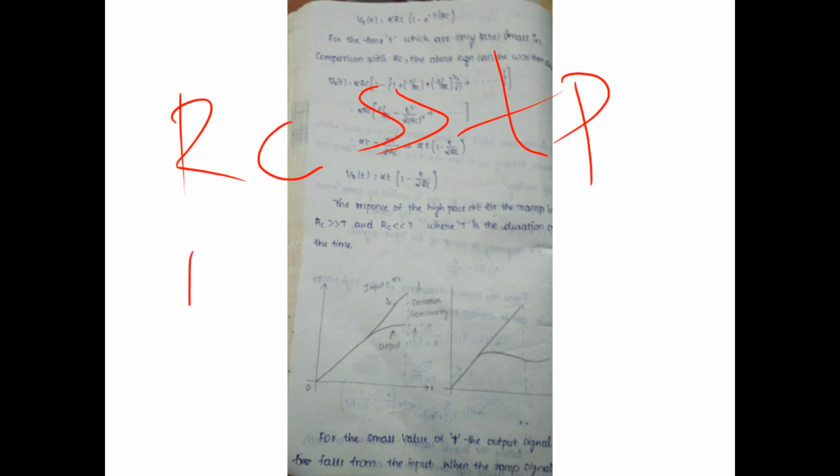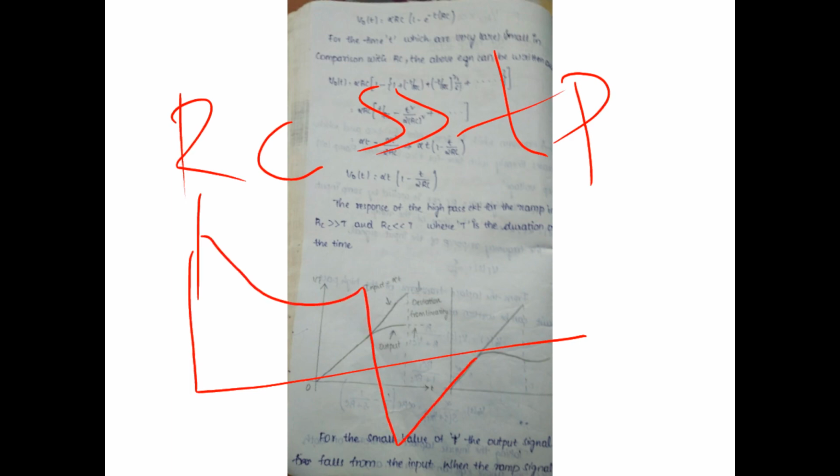So the first condition is RC far greater than TP. Like this, the pulse input will look like this.